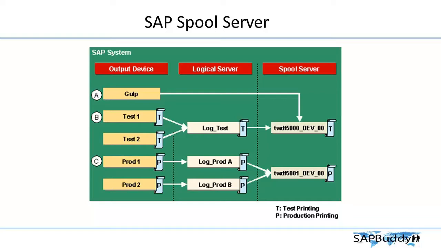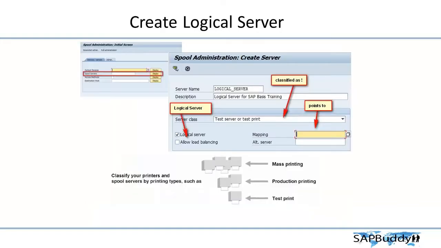Let's see how we create a logical spool server. This is a typical example. If you go to SPAD, you can see spool server. Here, if you simply click there, just like creating a device, we can create a spool server. You click display and come to the screen where you can create a spool server, and here you can specify the server class.